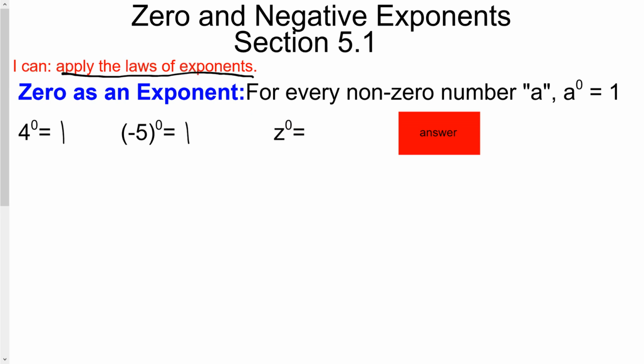Z to the power of 0. As long as z is not equal to 0, then this is 1. 1.23 raised to the power of 0. Doesn't matter how complex the number is, as long as it's not 0 raised to the power of 0. 1.23 raised to the power of 0 is 1. Right? That's what happens when 0 is an exponent.